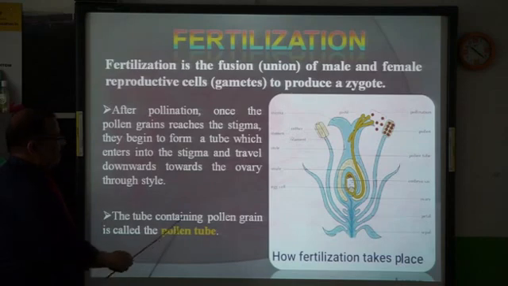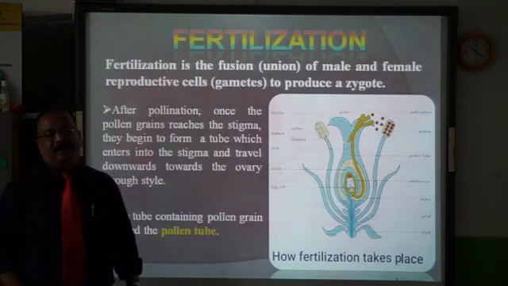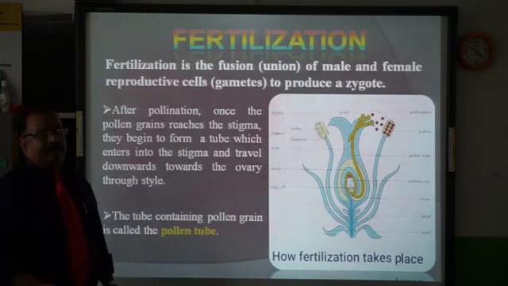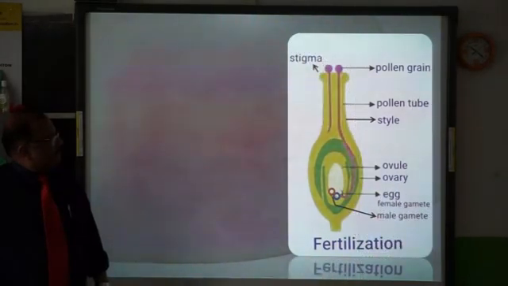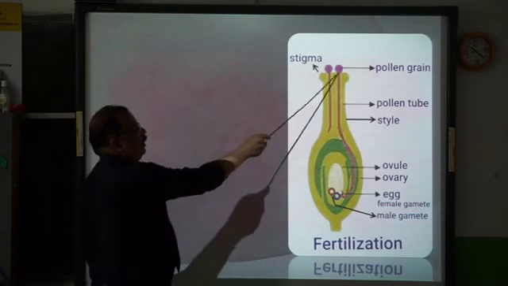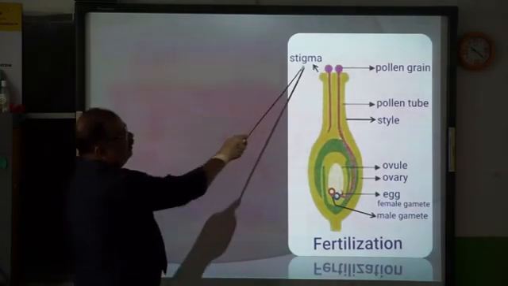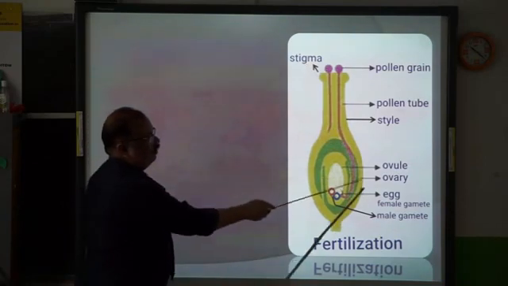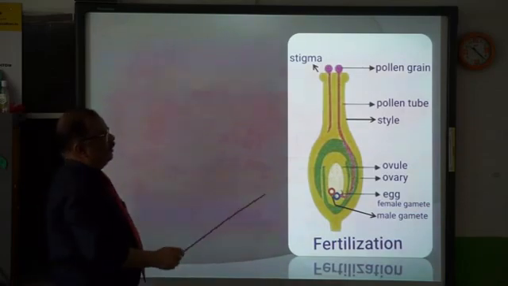The tube containing pollen grain is called pollen tube. So this yellow tube is called the pollen tube. What is there inside? The pollen is there, the male reproductive cell. Now you can see clearly. Here we are showing only the pistil or carpel, you can say, where you have got the stigma, style and ovary, three main parts of the female reproductive system.